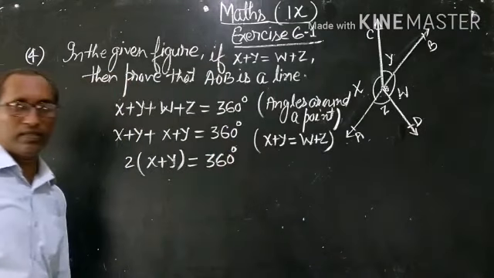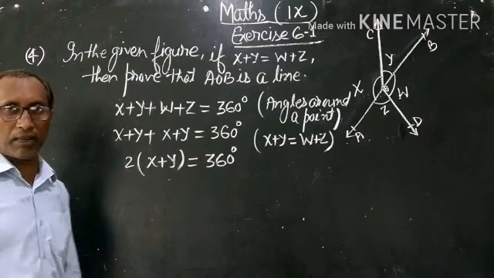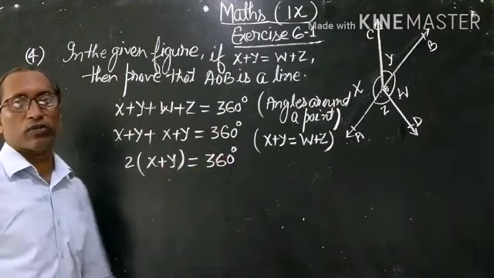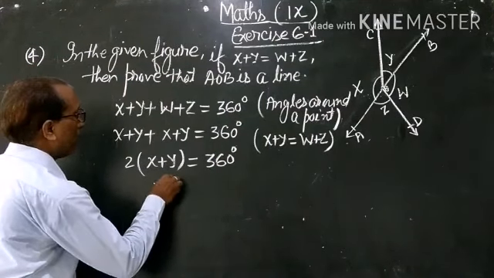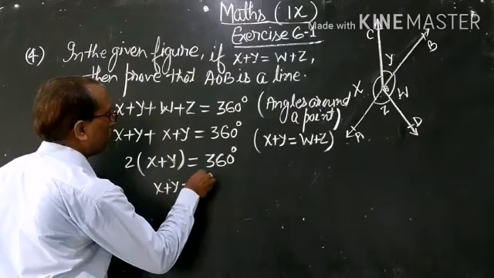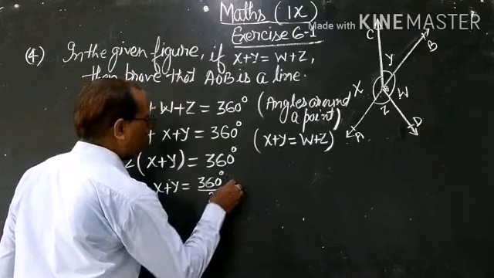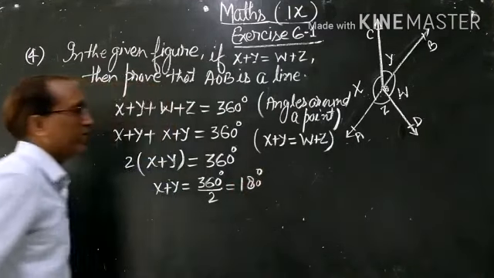360 degree. Here is 2x and 2y. Therefore, 2 is common here. Then 2 bracket x plus y is equal to 360 degree. Then x plus y is equal to 360 degree upon 2, that is equal to 180 degree.